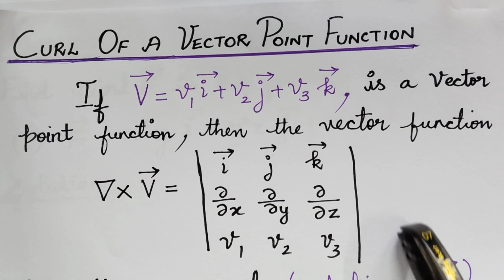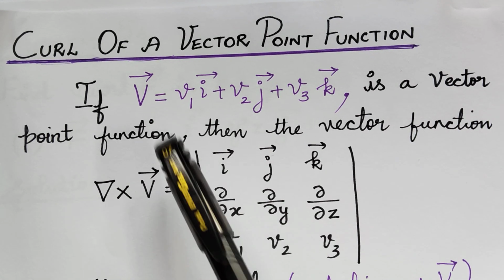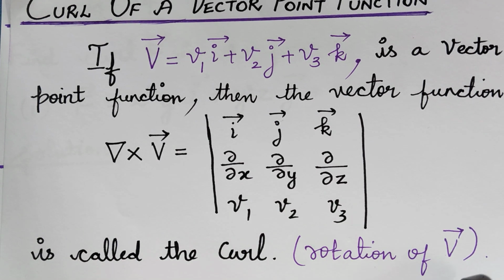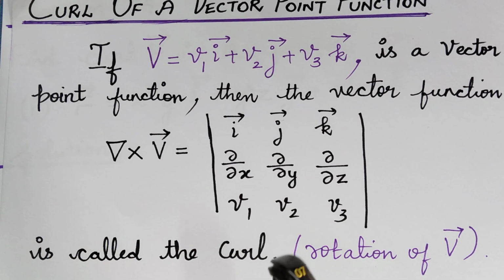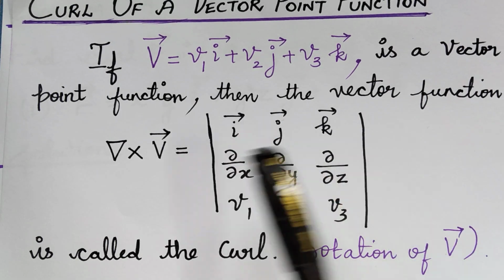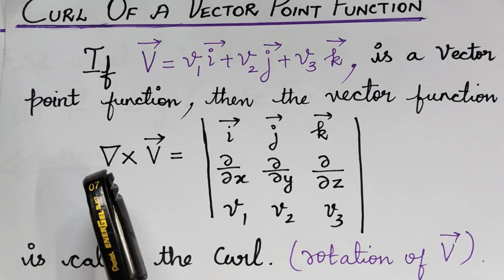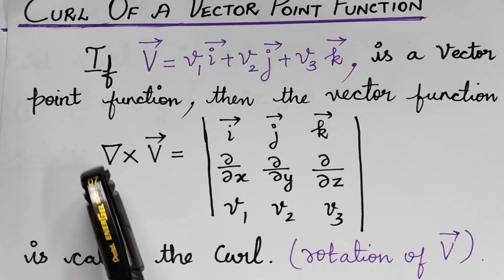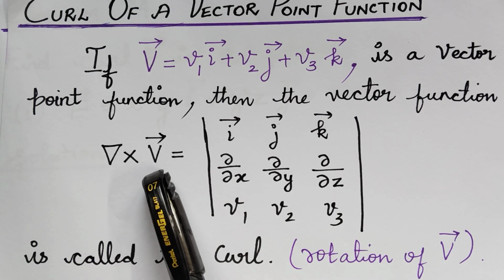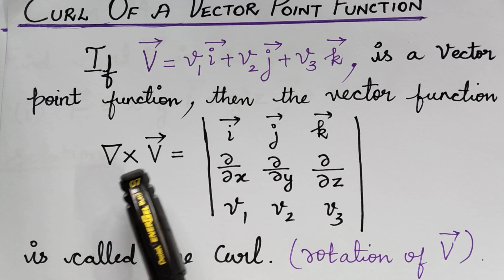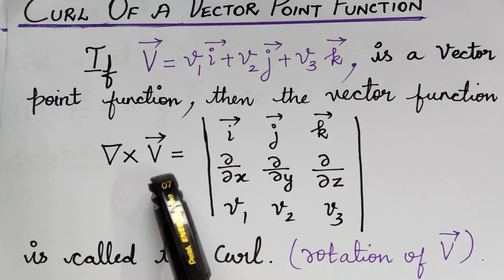So this is called the curl of the vector point function v, which is also known as the rotation of v. Remember, the curl of a vector point function is given by the cross product between nabla, the gradient operator, and the vector v. We have already seen the divergence of a vector point function.